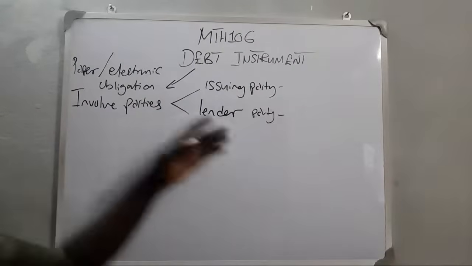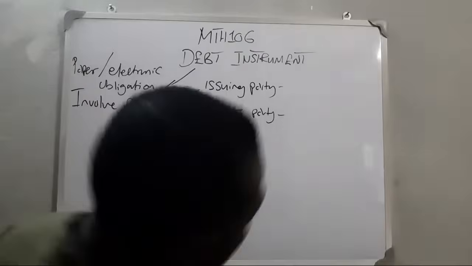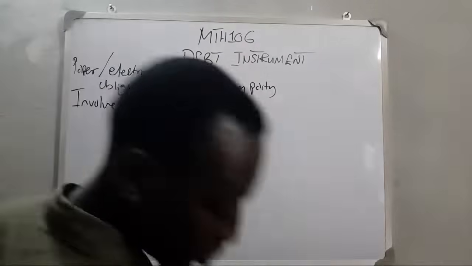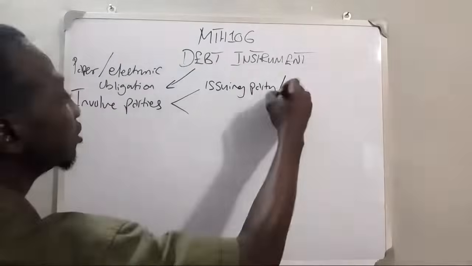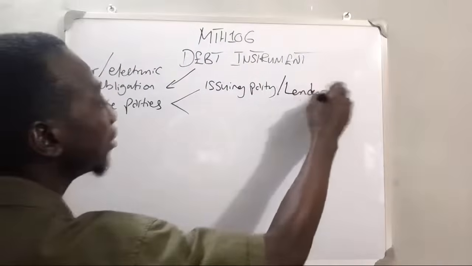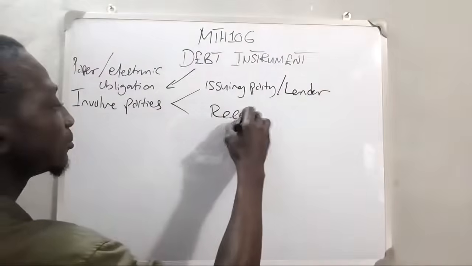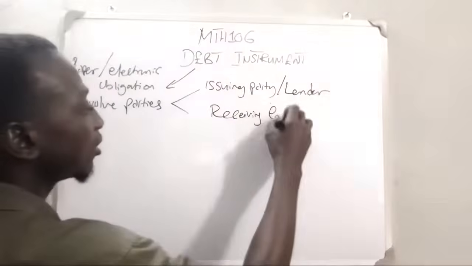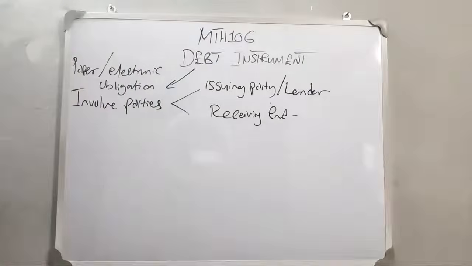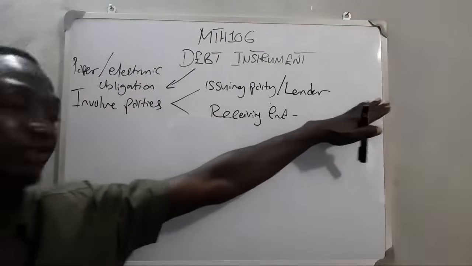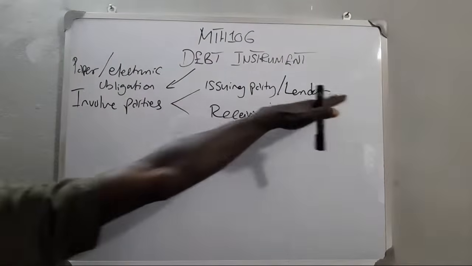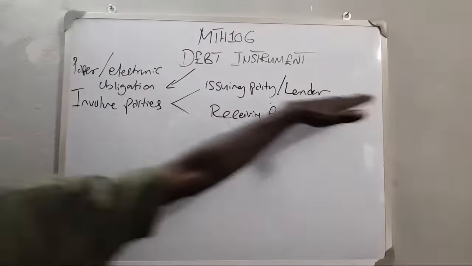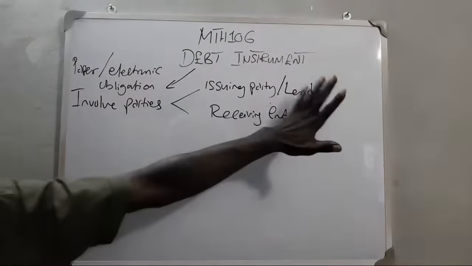This is the person giving out the money, and I think the issuing party is also the lender, and we have the receiving end. This person is giving out some funds with the intention to add interest at a certain period of maturity.